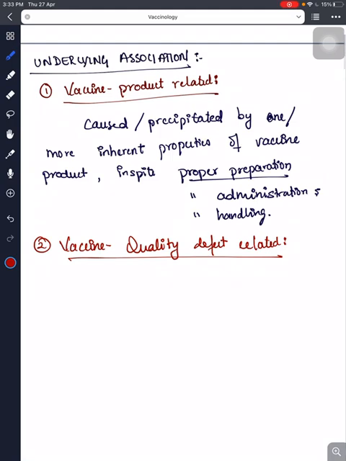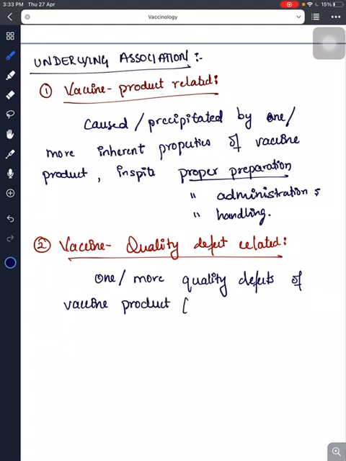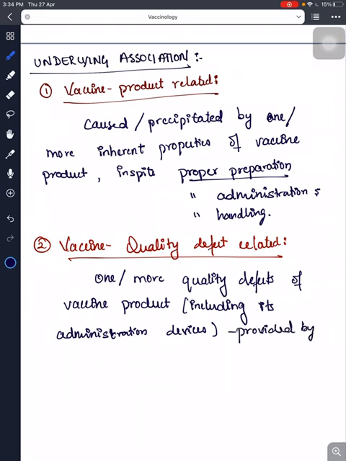It is because of one or more quality defects of the vaccine product, even including its administration device, because some vaccines come in pre-filled syringes, which are provided by the manufacturers.